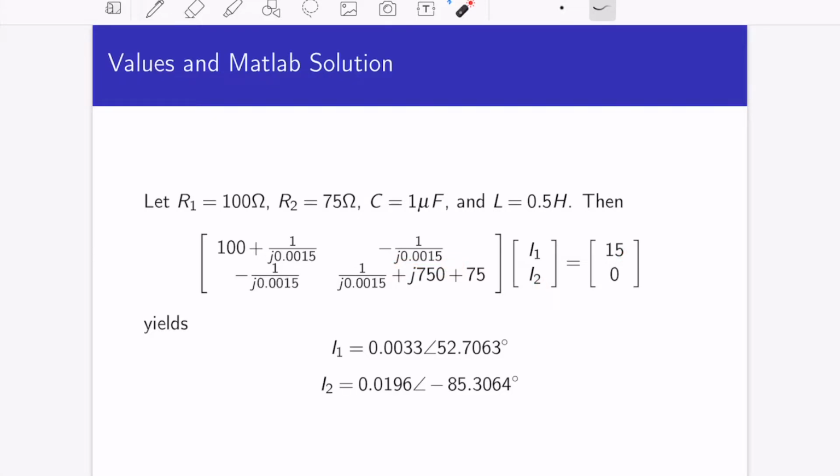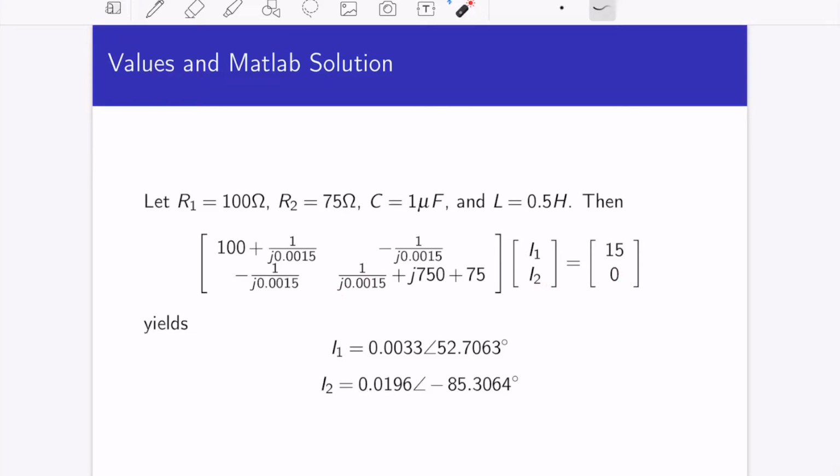Okay, remember, this is nothing more than matrix multiplication. This term times this term plus this term times this term is equal to this value. Then for the second equation, minus 1 over j times 0.0015 times I1, and then 1 over j times 0.0015 plus j 750 plus 75 times I2 is equal to 0.